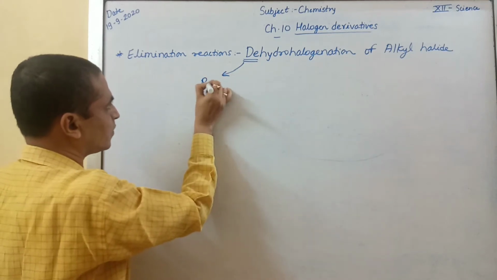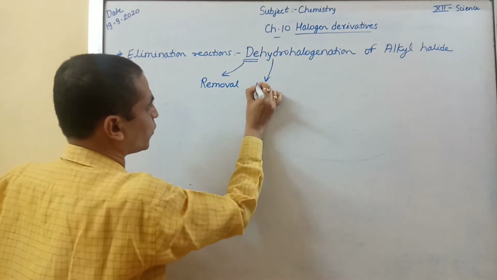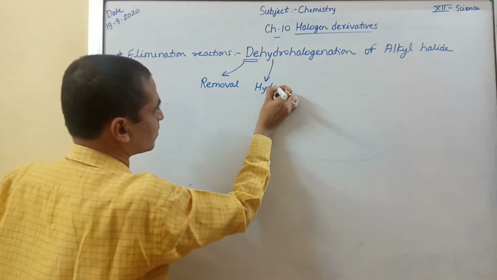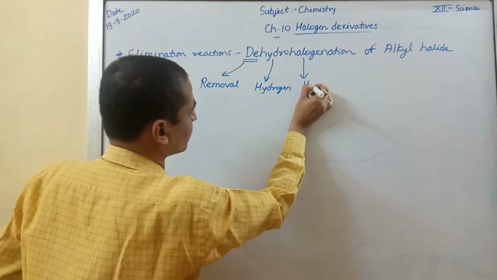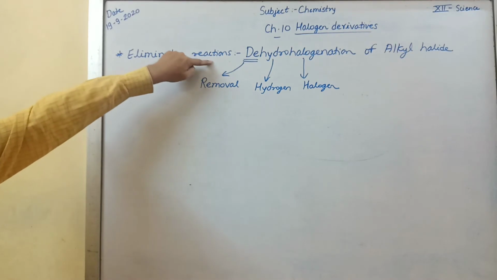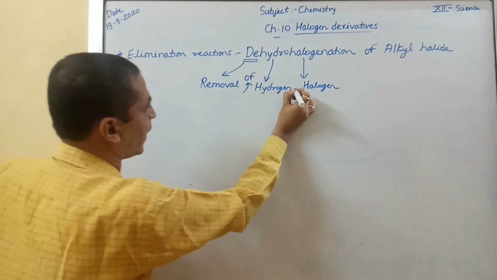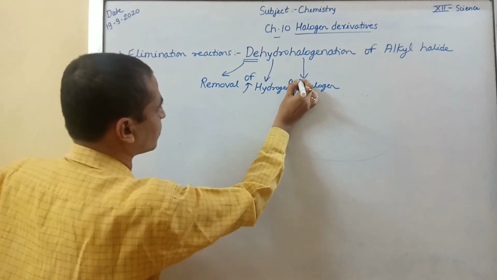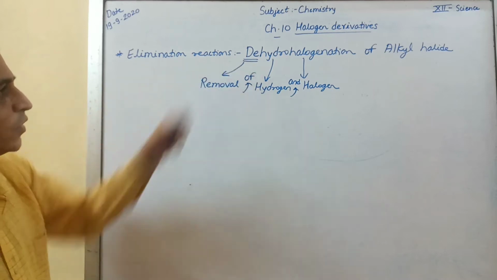Removal. Hydro means what? Hydrogen. Halo means halogen. So dehydrohalogenation involves removal of hydrogen and halogen. I hope you understood the meaning of dehydrohalogenation.